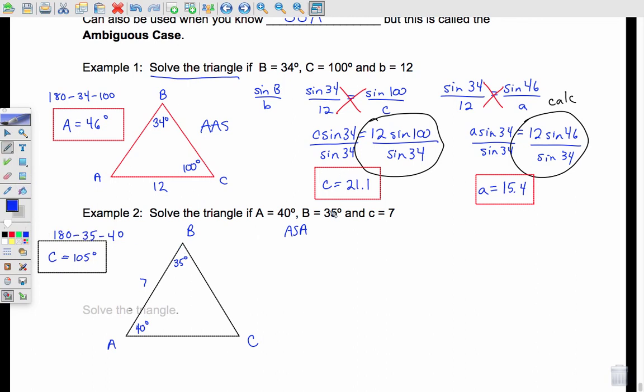All right, so I'm just going to box that. And then we're going to write 2 proportions.